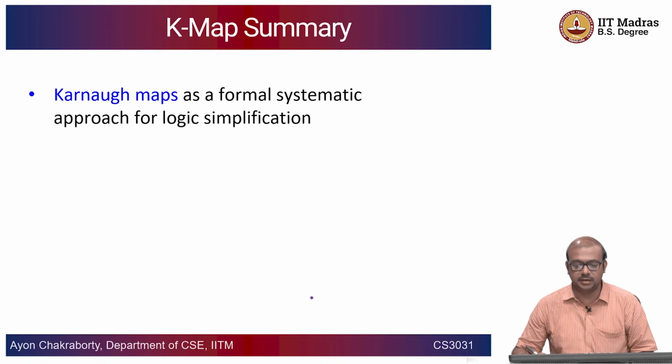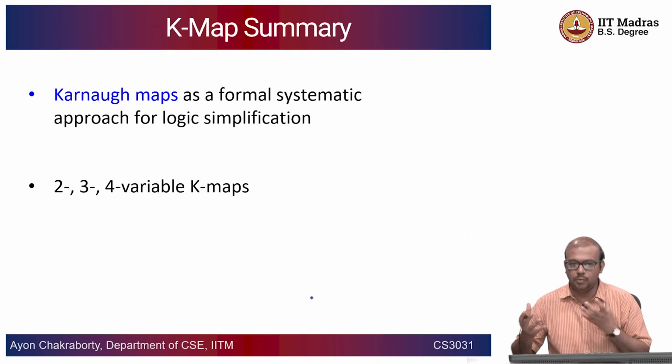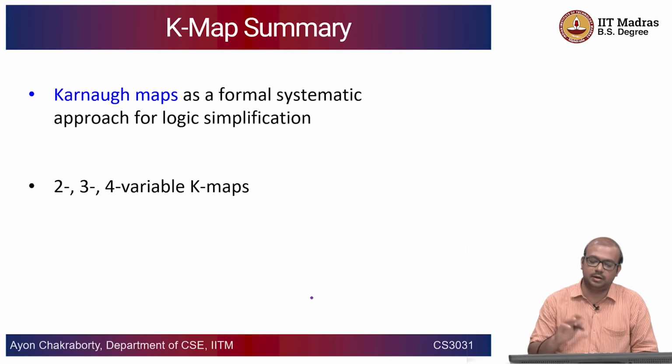So, the K-map summary is this: the Karnaugh map is a formal, systematic approach for logic simplification. We can do 2, 3, 4 variable K-maps, even 5 is possible, but 5 is a little bit more involved. You have to typically do 4 variable K-maps, one for the 5th variable.